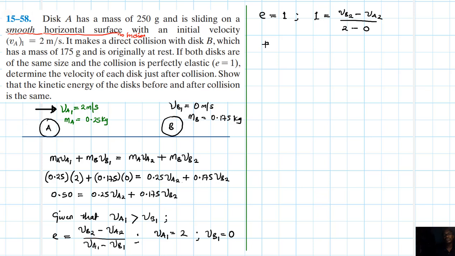So this just becomes 2 is equal to VB2 minus VA2. So this is another set. So if this was equation 1, this becomes equation 2. So we need to solve the two equations simultaneously.